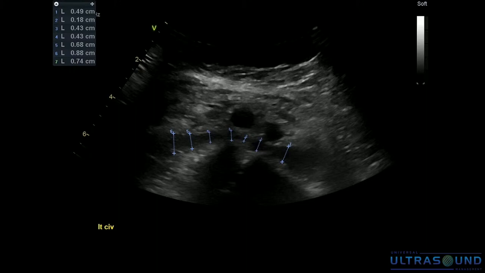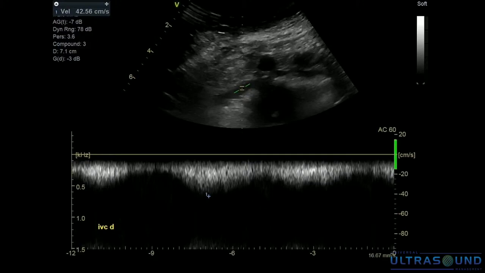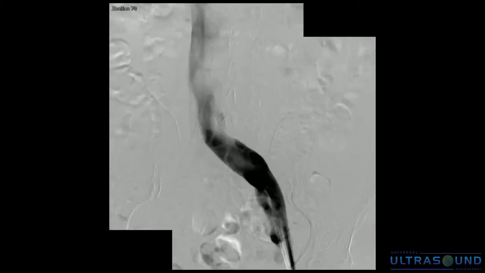And then as I go up to the IVC, the diameters go back to normal. And then, of course, I'm going to assess flow in the IVC, and again, respirophasicity is present in the inferior vena cava. So Barbara went to the interventional lab, and they do venography in conjunction with IVUS.